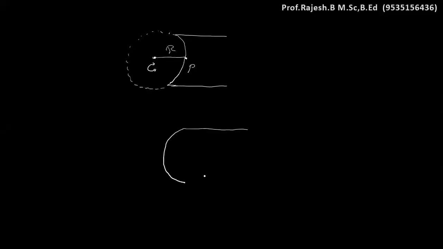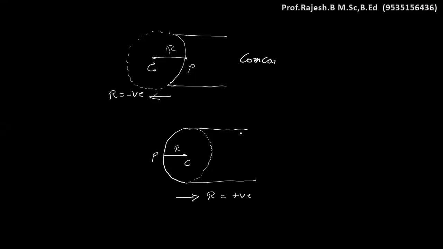Here one side is convex, so I can imagine this also as part of a sphere. Look, for this the radius of curvature comes on the right side. Here is the pole, here is the center of curvature, and the radius of curvature comes towards the right. So for convex surfaces, the radius of curvature is positive. But for concave spherical surfaces, the radius of curvature is negative. This is concave and this is convex.